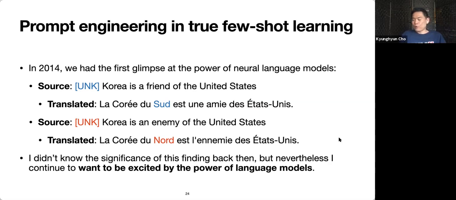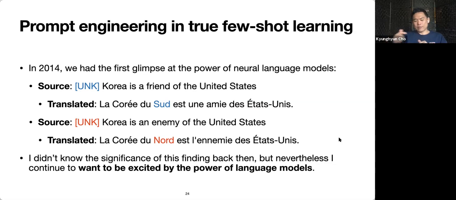In 2014, before we wrote this attention-based neural machine translation paper in Montreal, we actually had the very first glimpse at the power of neural language models for question answering, as well as solving a lot of challenging problems. What we tested back then was to give some unknowns, so an out of vocabulary token, "Korea is a friend of the United States," as the input to this English to French translation system we built.